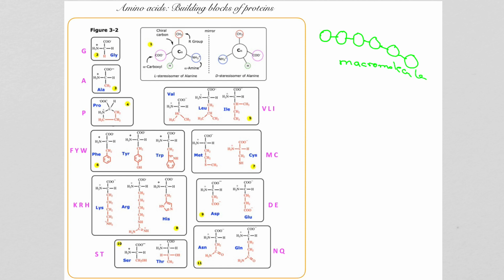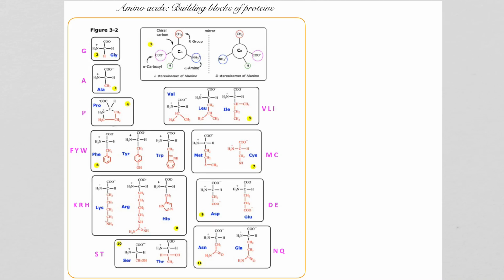Macromolecule. So there are 20 amino acids that make up a protein, and we shall talk about these amino acids, the building blocks for proteins, in another video.